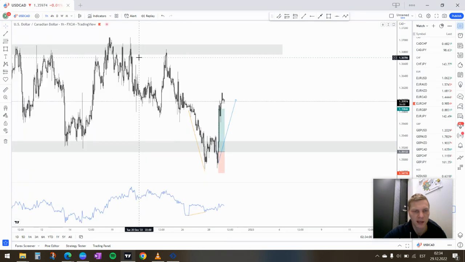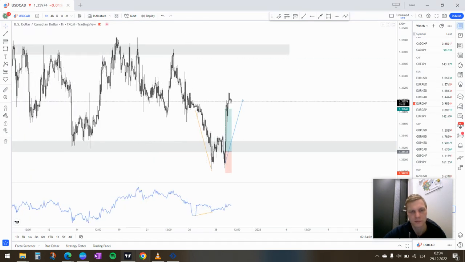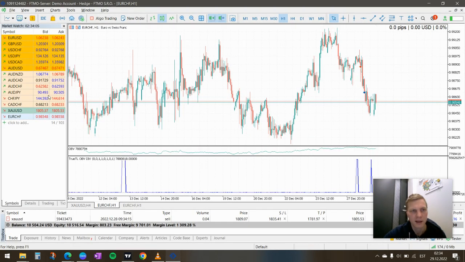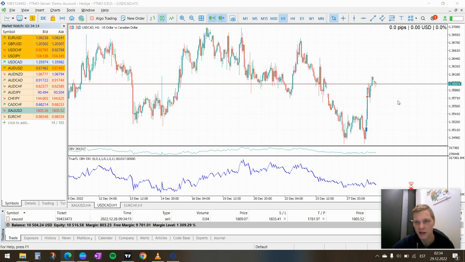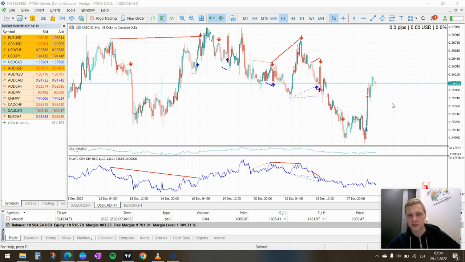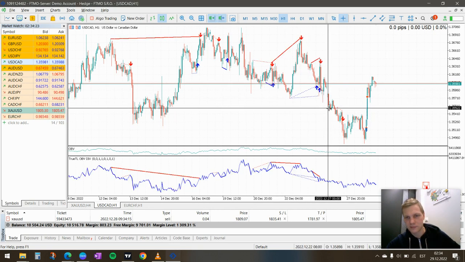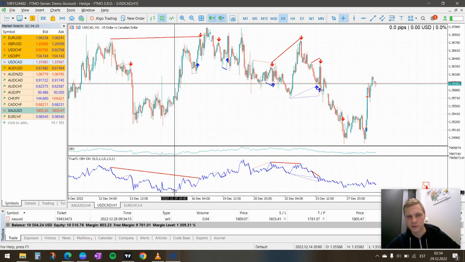So let's put it like that. And again, if you put the USD CAD on the chart here and look for what the true TL indicator is saying, I'm not positive it's gonna show a divergence. It's not. Okay, the chart's a bit different too.